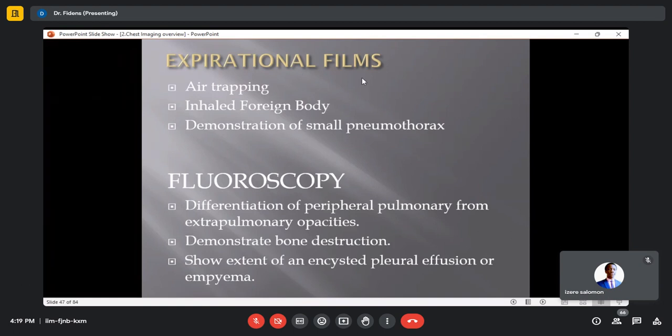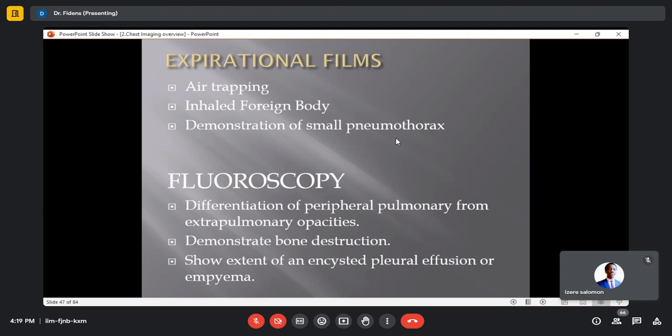It also demonstrates small pneumothorax, because when the patient takes a deep inspiration and you take a film, you may miss a small pneumothorax. The lungs will be filled with air and you cannot differentiate the air in the expanded lungs from the air in the pleural space when it is very small.